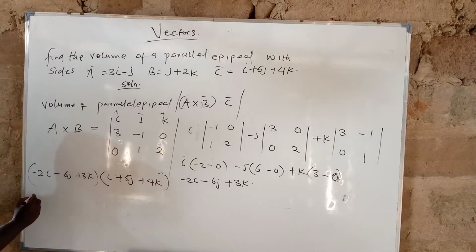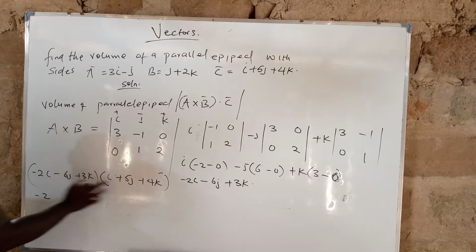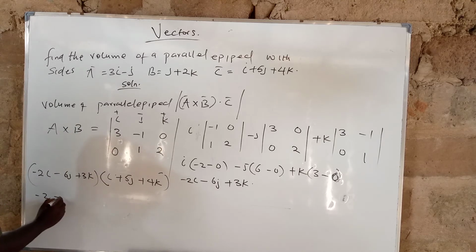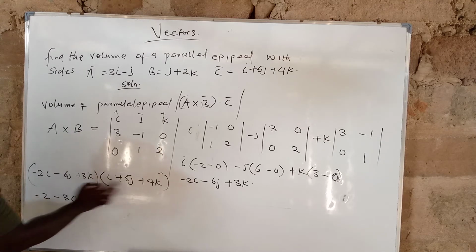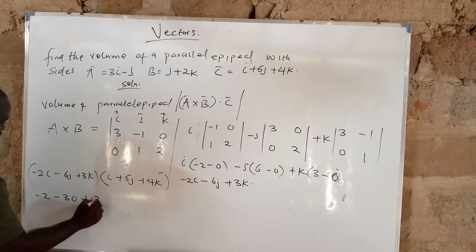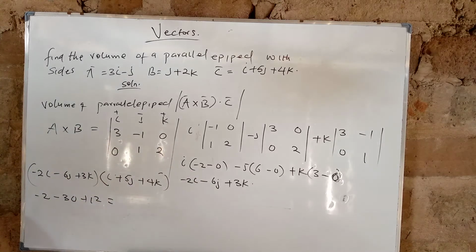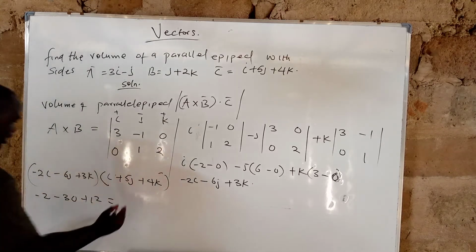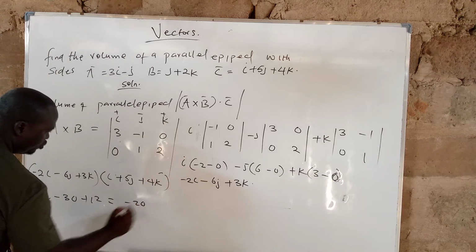This time this should give you -2, this time -30, and this time +12. If you calculate it very well, you should get -20.